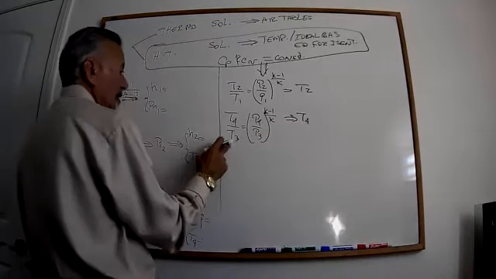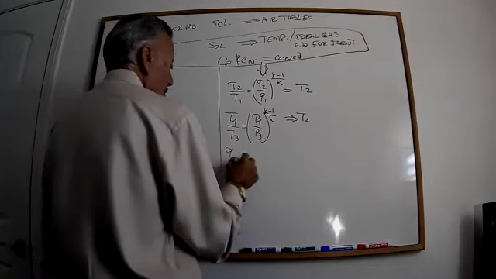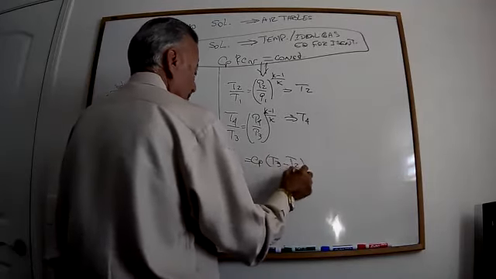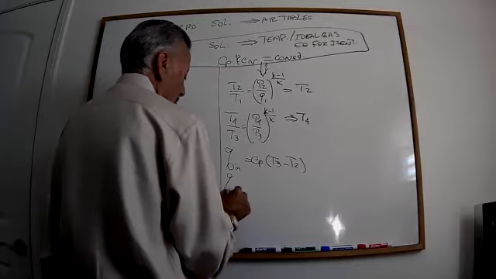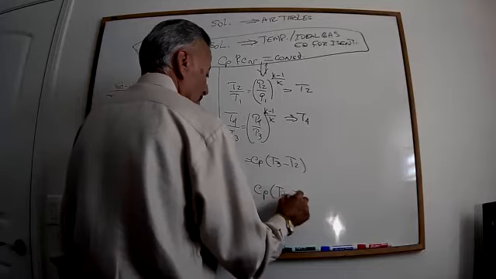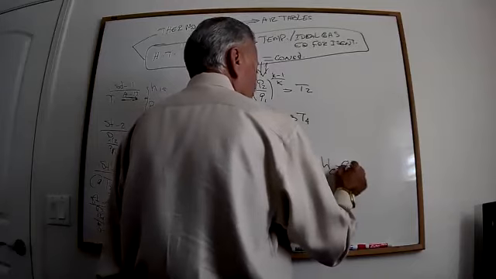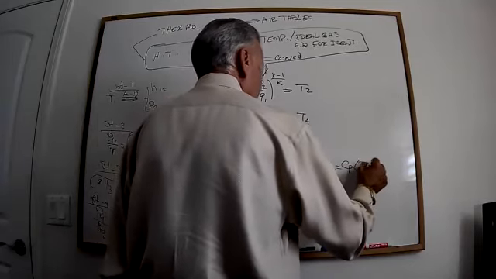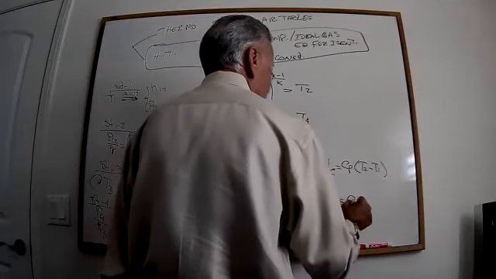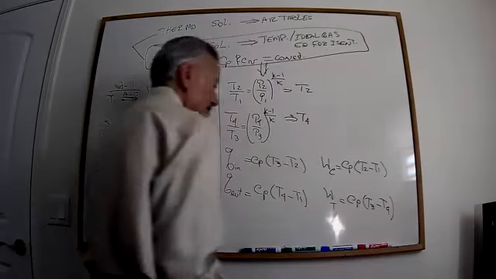T1 is given, T3 is given, you find the other T's. So now your Q in becomes CP times T3 minus T2. Your Q out would be CP times T4 minus T1. The work of a compressor would be CP times T2 minus T1. Work of a turbine would be CP times T3 minus T4.